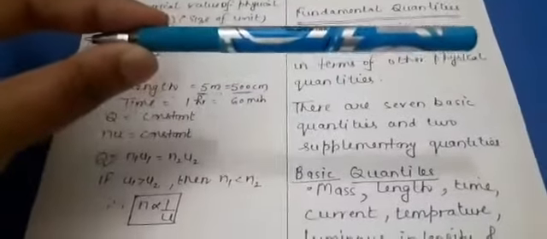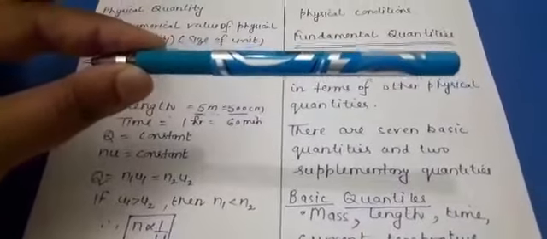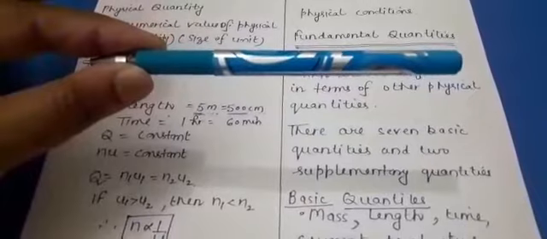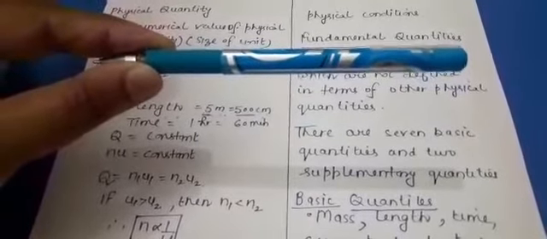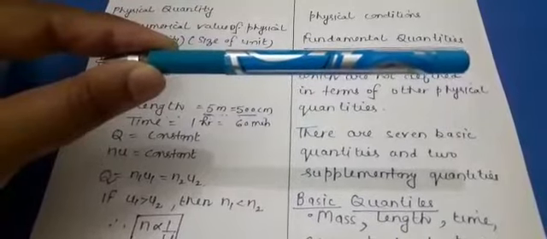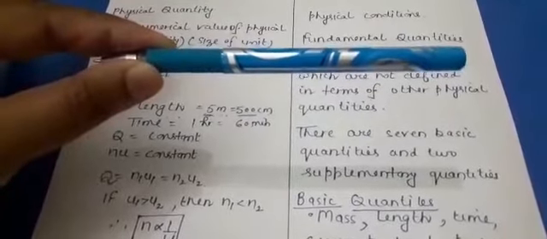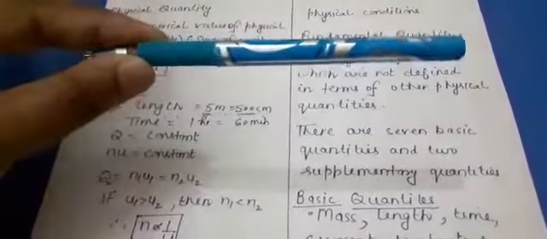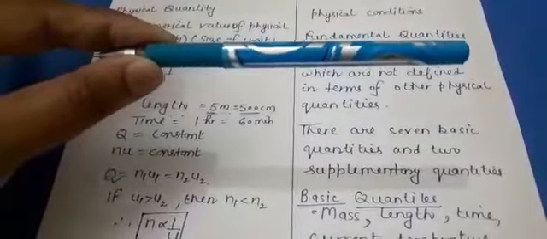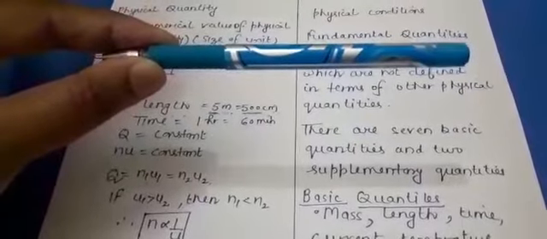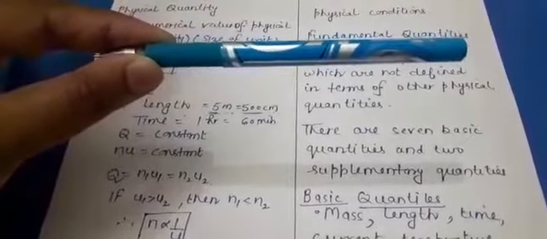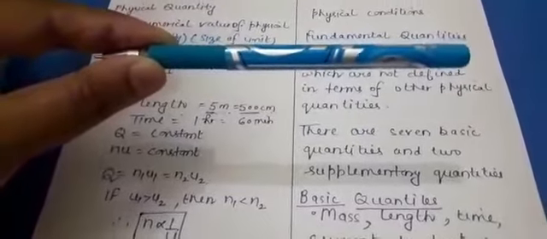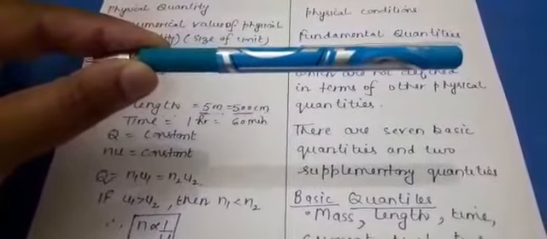Suppose I am taking this pen. This pen can be a length of 12 centimeter, 15 centimeter. I can express it in meter also. What will you do? You will divide it by 100, 12 by 100 meter. So, is the length of the object changing? No, length remains the same. What is changing? Our measurement, our choice of unit is changing. And as the unit is changing, the numerical value will be changing.